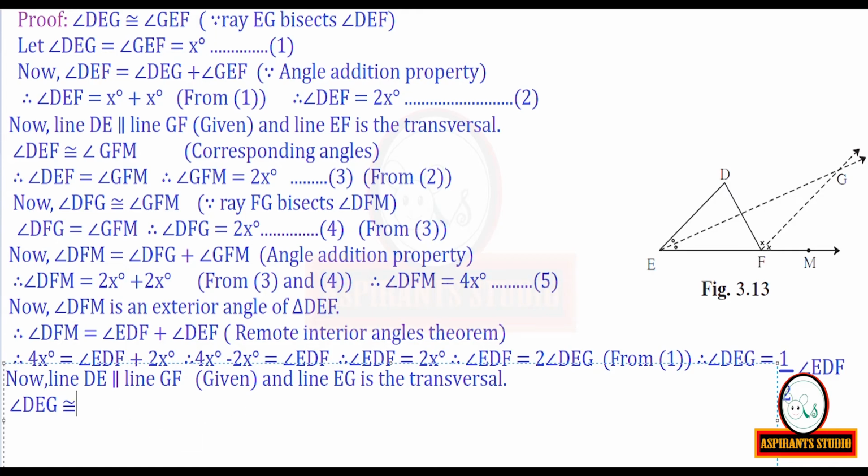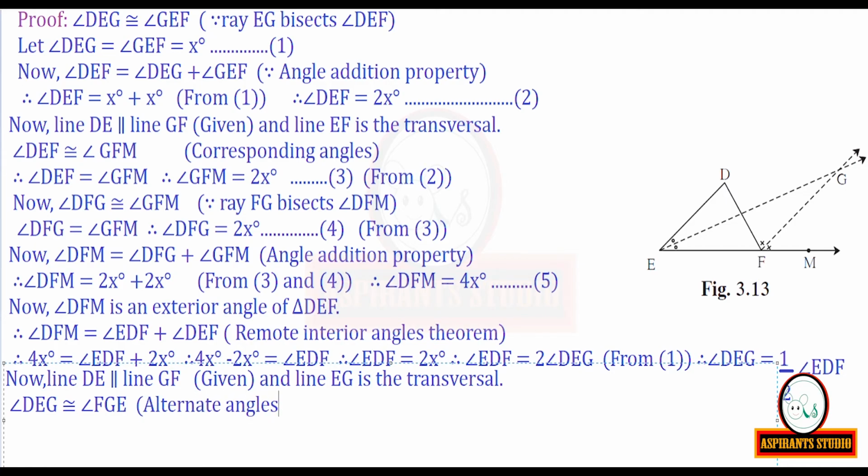So angle DEG is congruent to angle FGE. When the angles are congruent, their measures are equal. So measure of angle DEG is equal to measure of angle FGE.